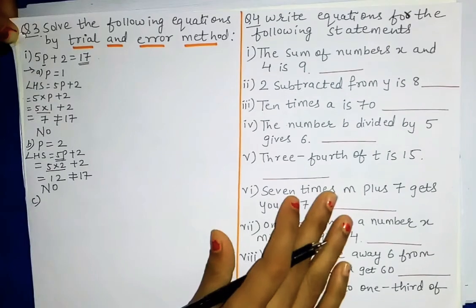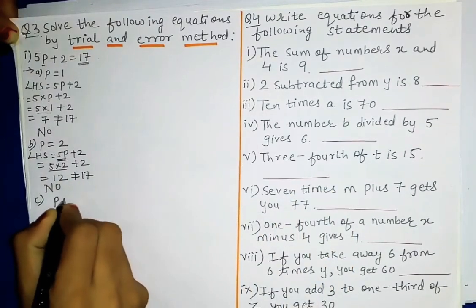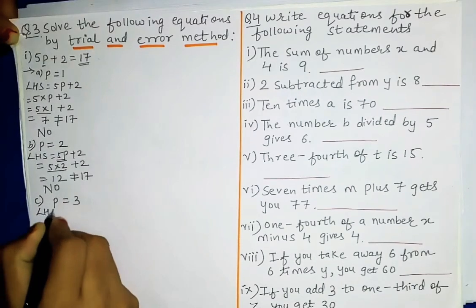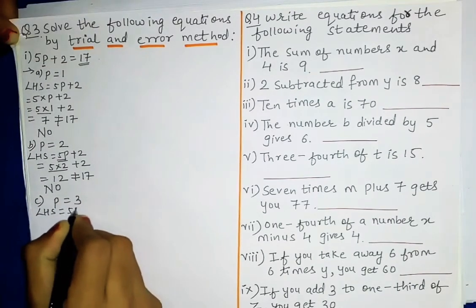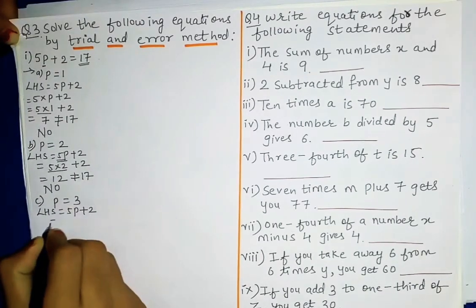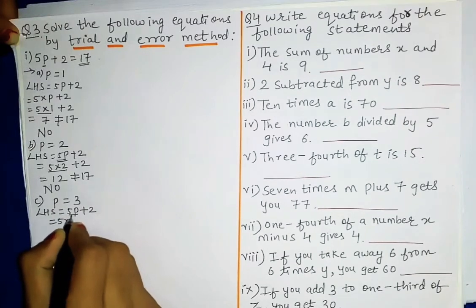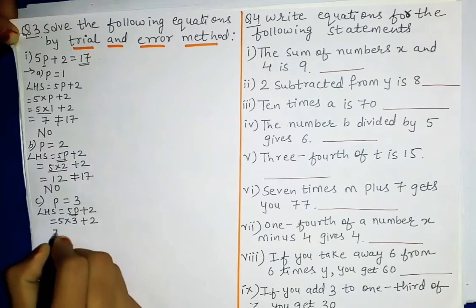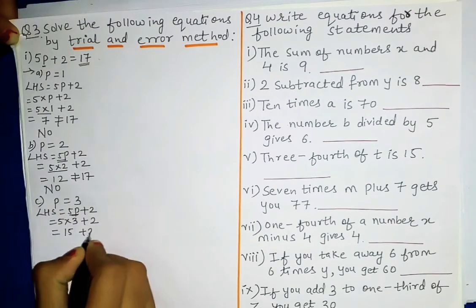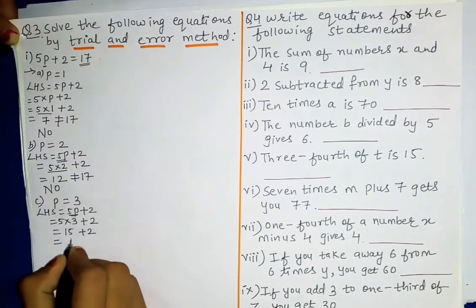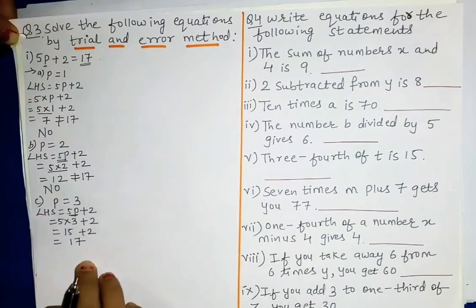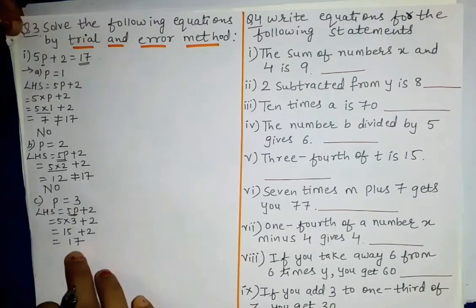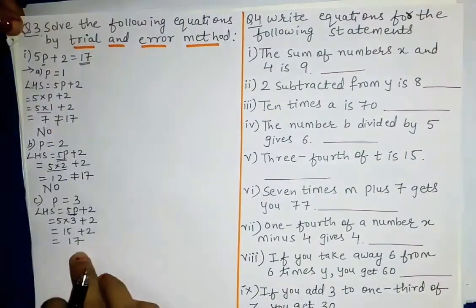Now I am taking the third value, p equal to 3. Now I will try with 3. So again the LHS part I will write: 5p plus 2. So 5 into p, and p I am taking now 3. So 5 threes are 15 plus 2, and 15 plus 2 is 17. Now I have got it. So I will stop here because I have got the correct value. This 17 I have got.